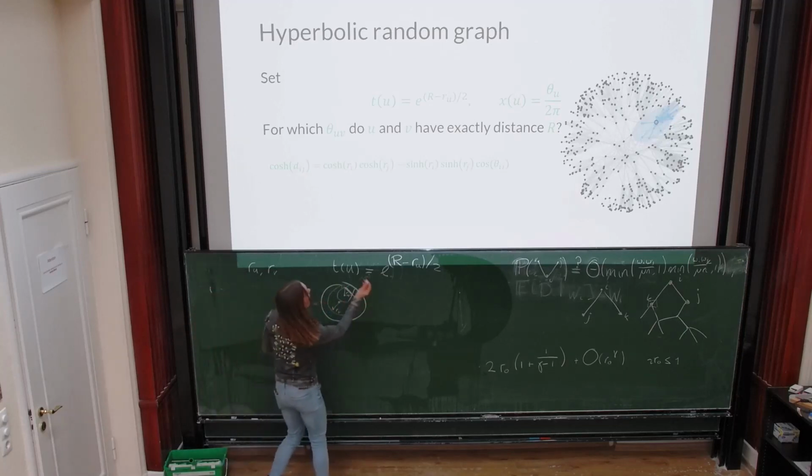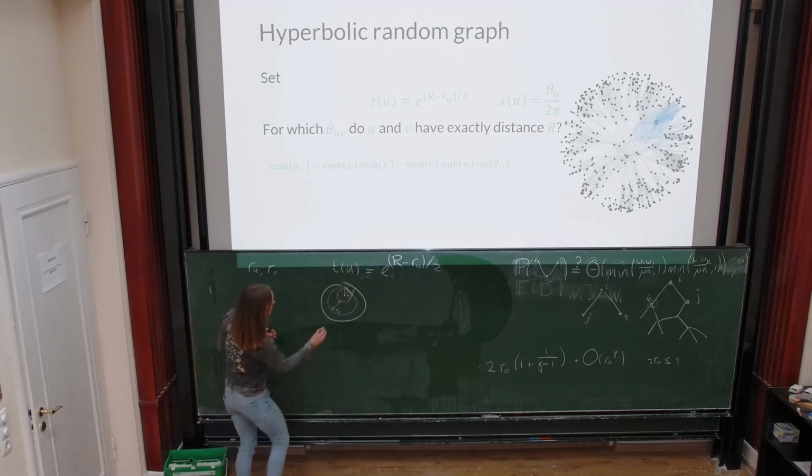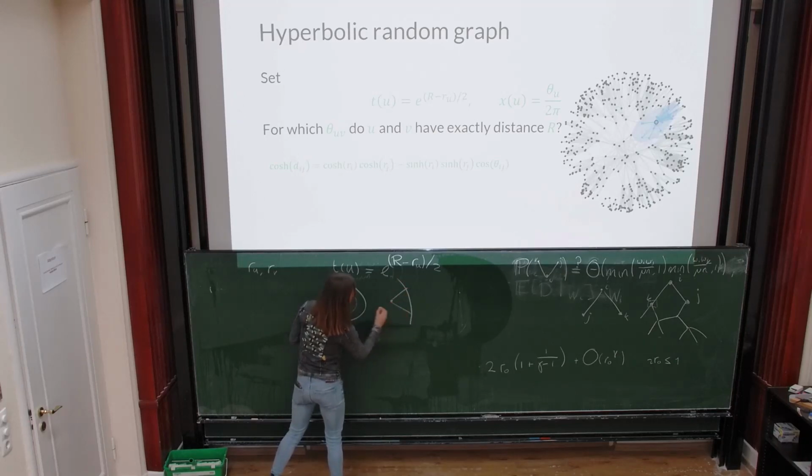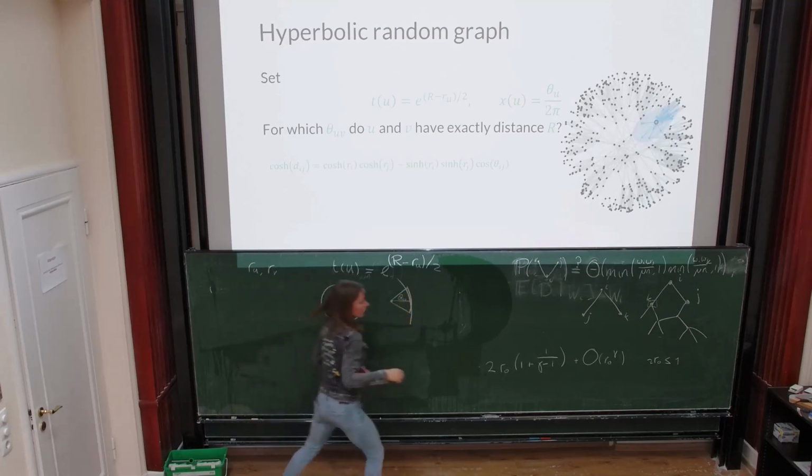So what is the maximum angle? This is the point with radius RU. What we want to know is what is this theta UV.